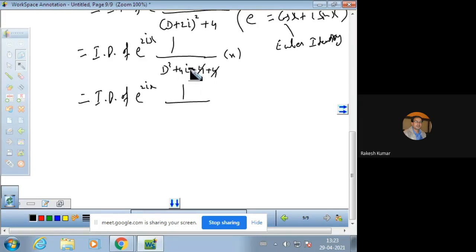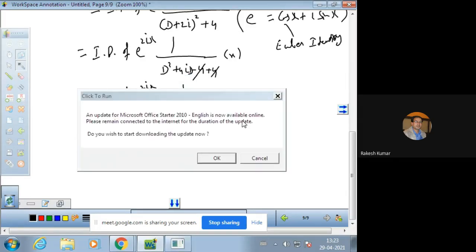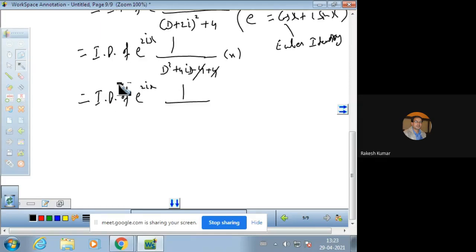So for applying the binomial theorem, you need to take 4 iota d common. Inside you will have 1 plus d square upon 4 iota d into x.